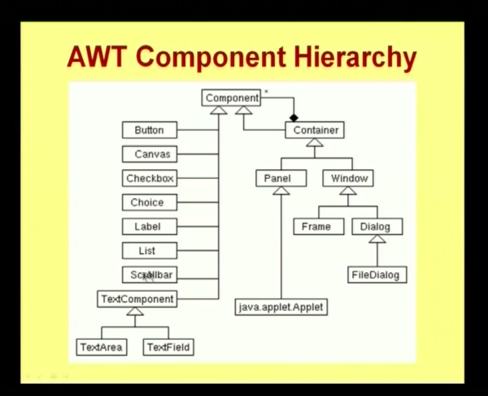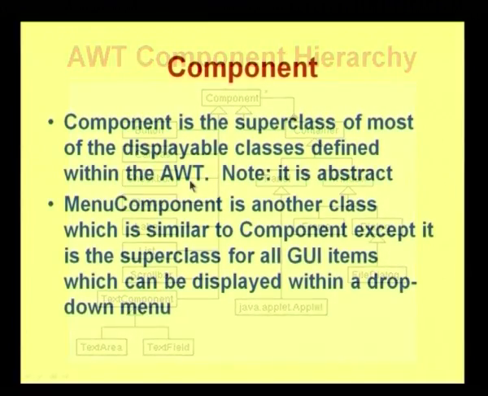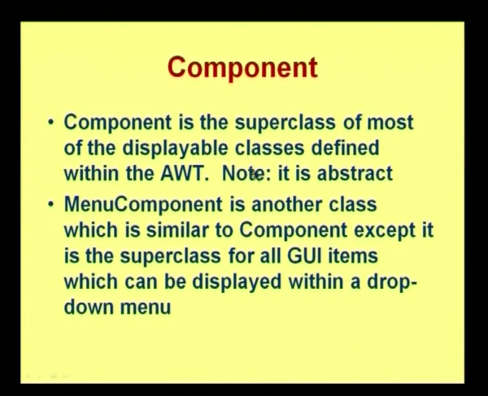Anyway, we are going to see all these components, the methods available in them, the event handling mechanism, and all events in detail. Component is the superclass of most of the displayable classes defined within the AWT. Note, it is abstract. So, Component is an abstract superclass of all the displayable components.